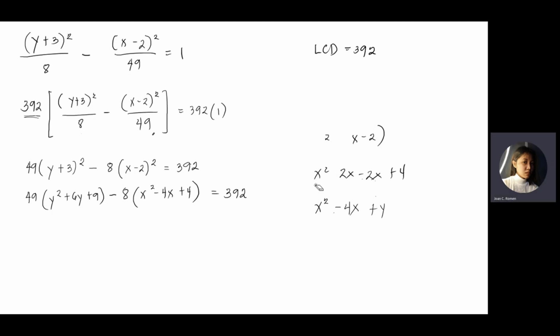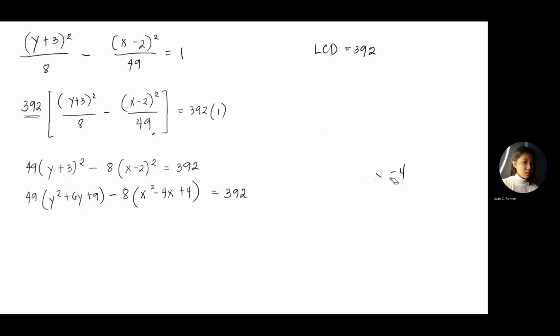Okay, so next is distribute. Okay, so distribute natin itong 49 sa lahat ng term dito sa ating parenthesis. And itong negative 8 sa lahat ng term sa loob ng ating parenthesis. Okay, so 49 multiplied by y squared is 49y squared. 49 multiplied by 6y.